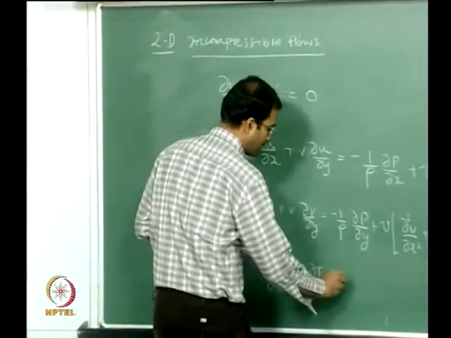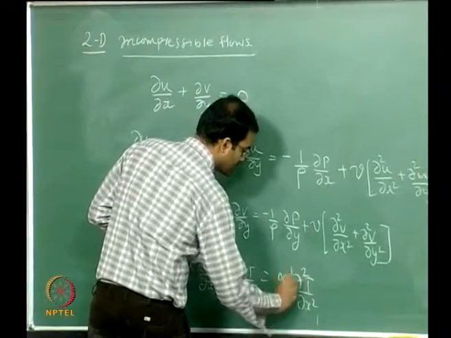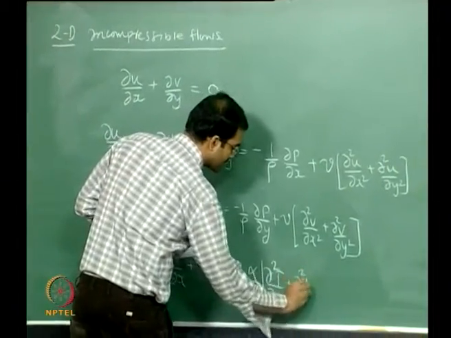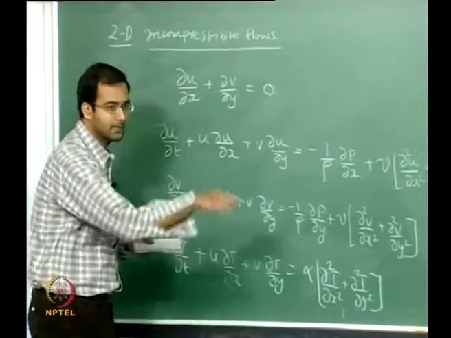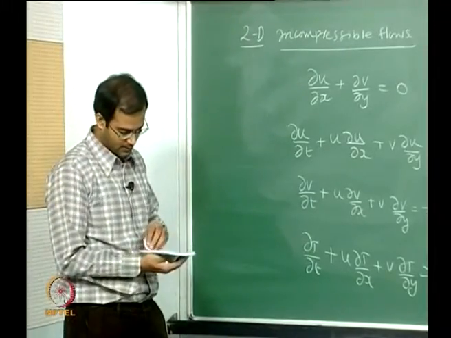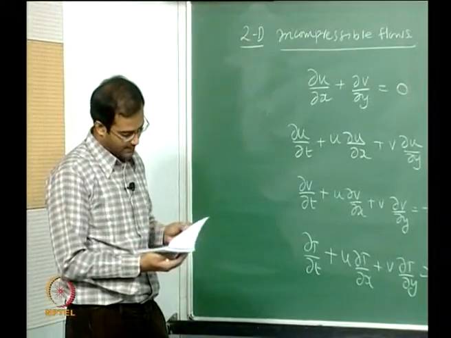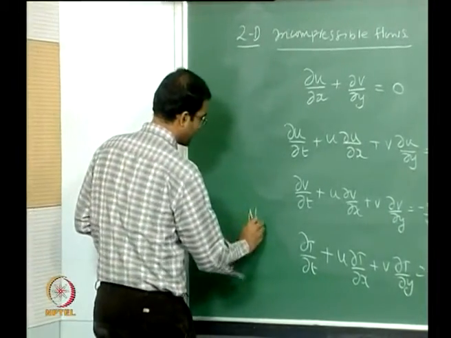Plus the viscous dissipation term; now I am going to neglect the viscous dissipation. I don't want to put too many terms into this, so I can safely neglect it.